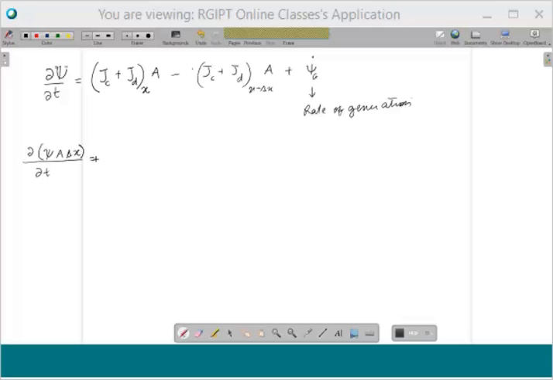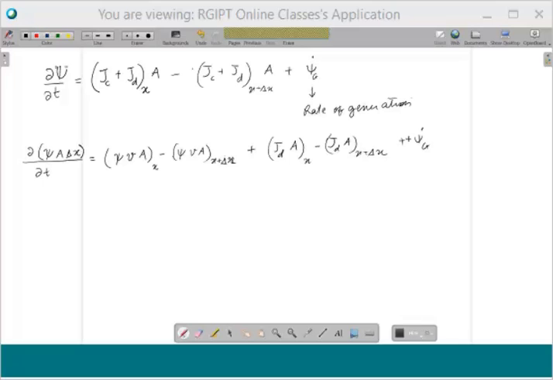That would be equal to psi v A at x minus psi v A at x plus delta x. Again, the same thing for Jd: Jd times A at x minus Jd times A at x plus delta x, plus psi g dot.